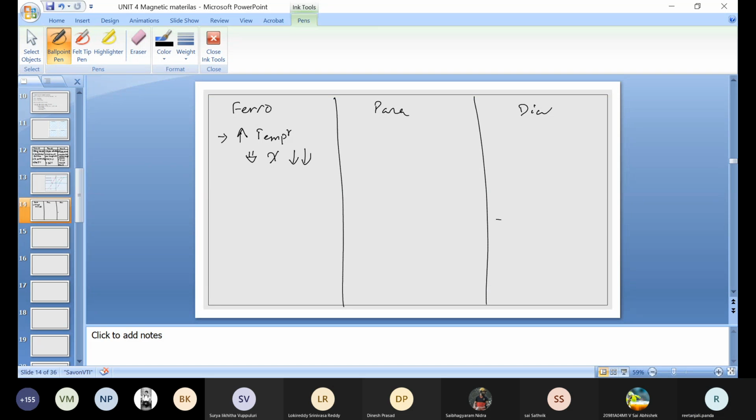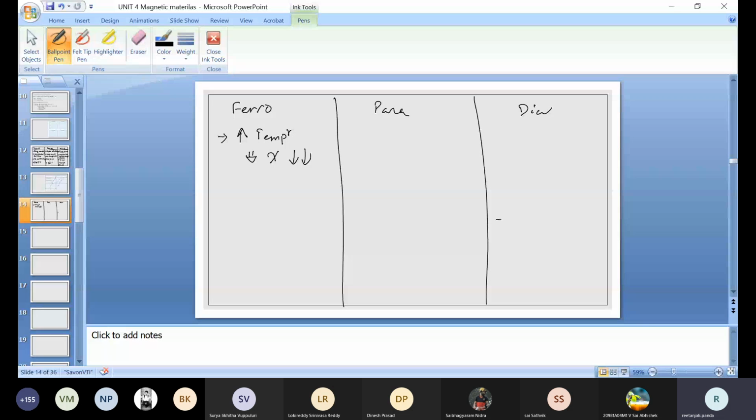So at Curie temperature, the magnetic property of the material is going to be lost.